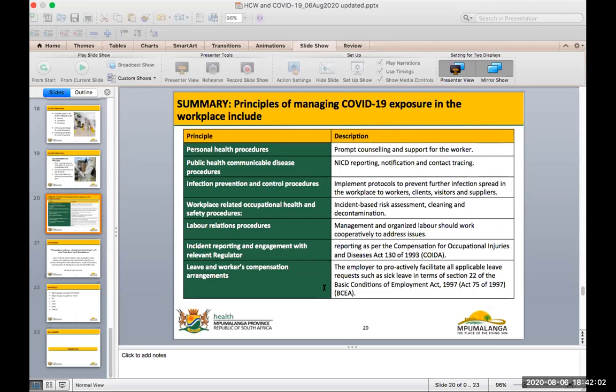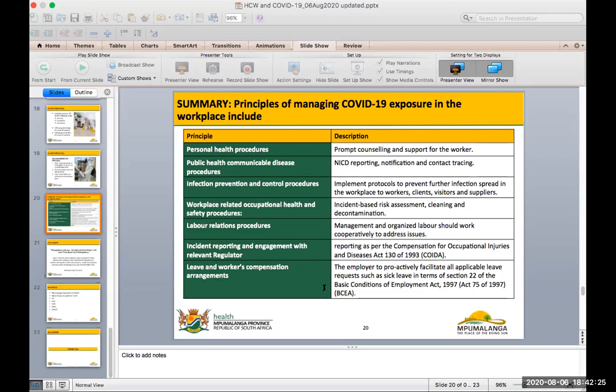Follow infection prevention and control procedures by implementing our protocols at the workplace, SOPs, and all those kinds of things. Also, it includes principles of occupational health and safety procedures. This is usually based on a risk assessment, cleaning and decontamination, like I've just alluded to.